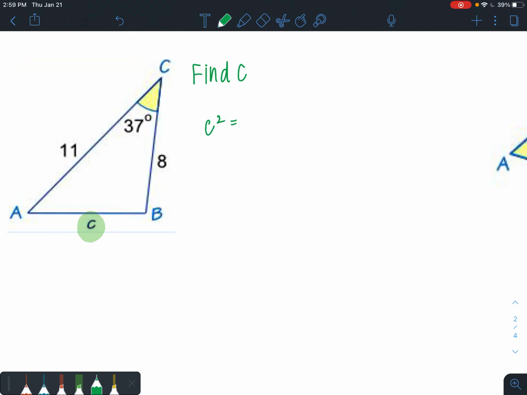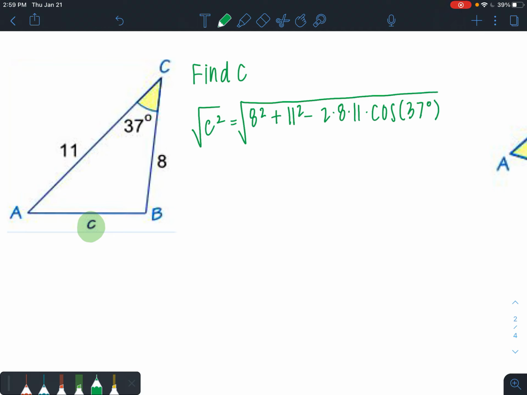So I'm going to do c squared equals a squared, which is 8, plus b squared, which is 11, minus 2 times 8 times 11 times cosine of 37 degrees. Okay, we can take the square root of both sides and plug directly into our calculator and make sure you're in degree mode.